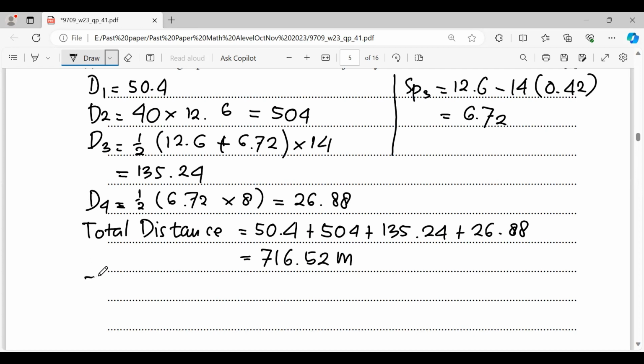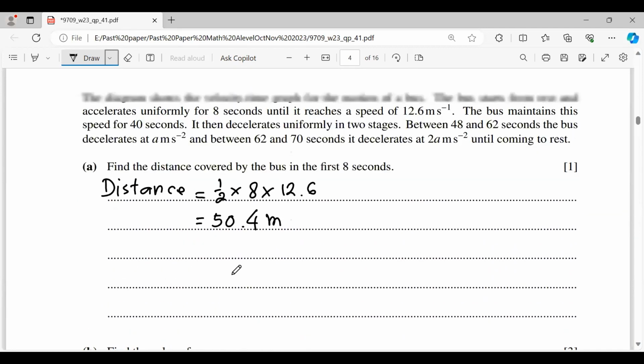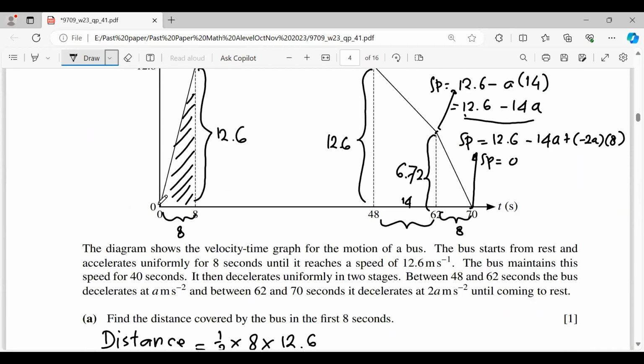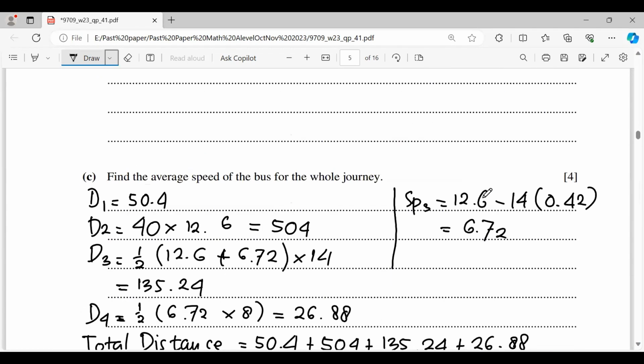Next, total time. Total time from 0 to 70 means 70 seconds.